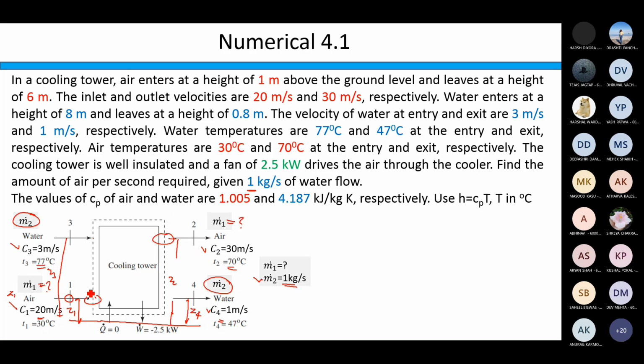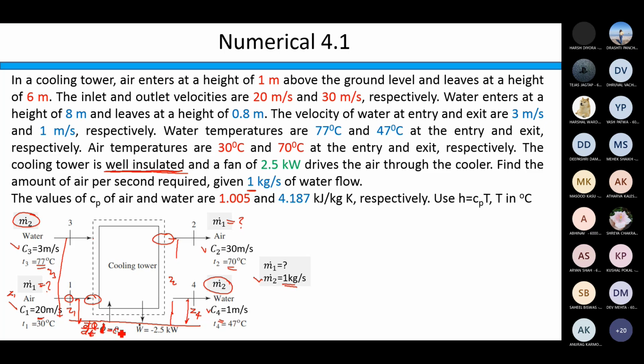And apart from all this, you should note down these quantities. See what they have mentioned here, the cooling tower is well insulated, means there is no heat interaction. So if this is my control volume, this term d bar q by dt, people are using different symbols. So come back to our symbolic representation, d bar q by dt.